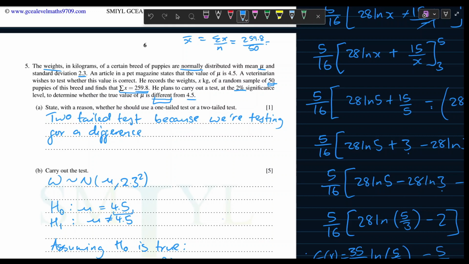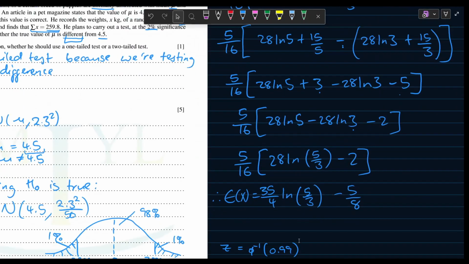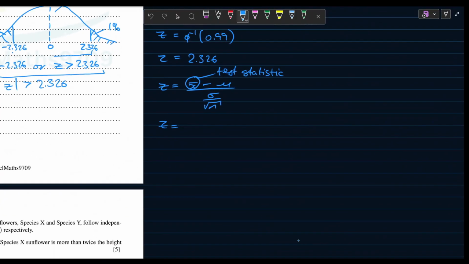So our test statistic is going to be 259.8 divided by 50, and this is 5.196.